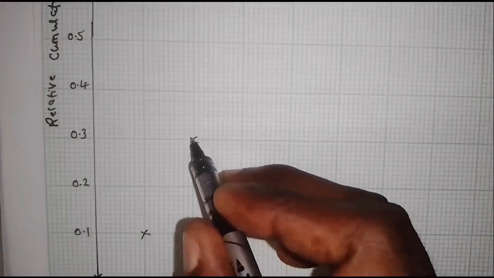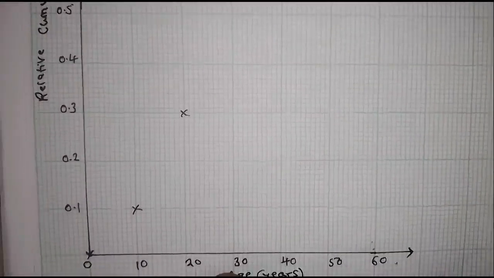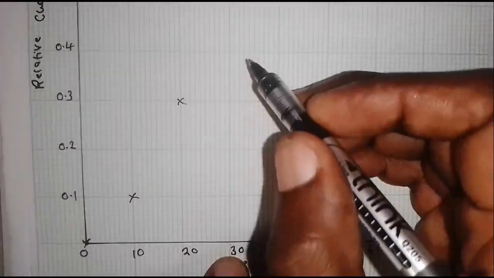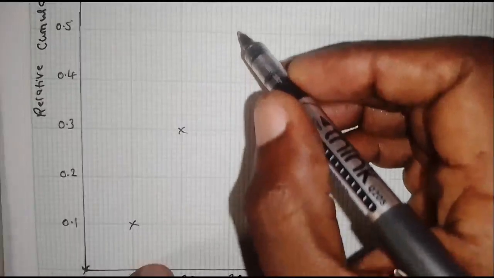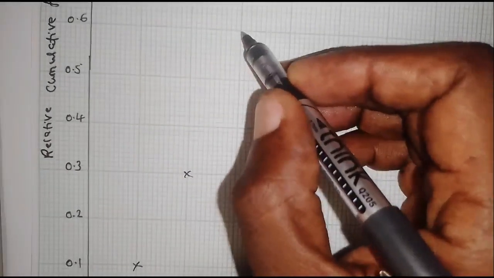Then 30, 0.6. So 30 is here. You can just follow this line until you meet the 0.6 there.